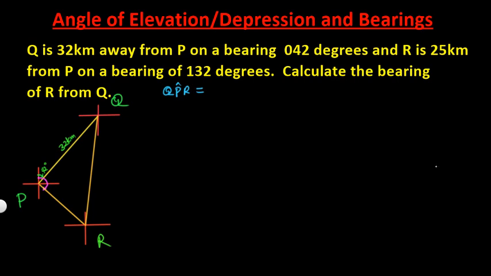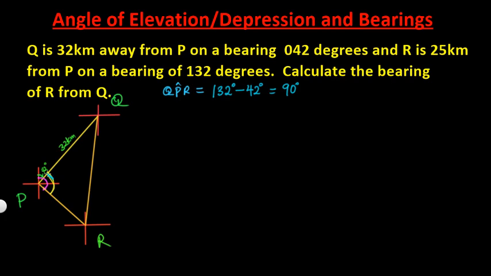So it is between this and this. That's angle P, which will be obtained by saying 132 degrees minus 42 degrees. That will give us angle 90 degrees.